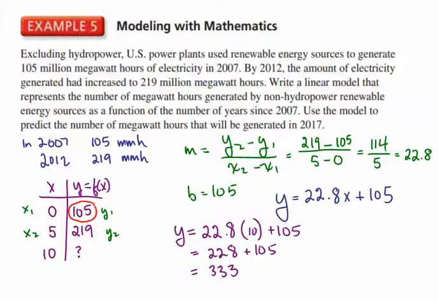So therefore, when you are 10 years since 2007, the number of million megawatt hours of electricity generated from non-hydropower renewable energy sources would be 333, or 333 million megawatt hours.